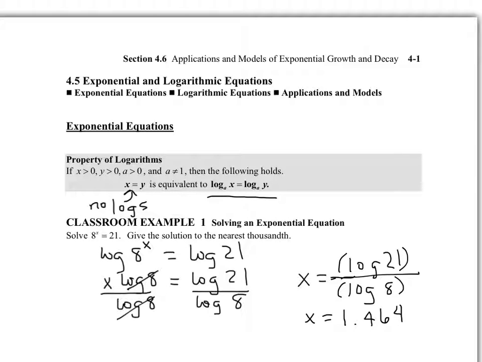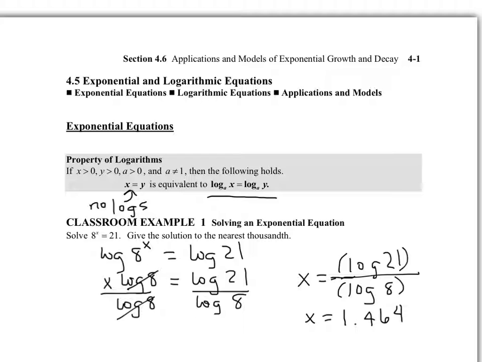Now, we need to go back and make sure this seems reasonable. If we look at the original equation, 8 raised to what power would give us 21? Well, I know 8 to the first power is just 8, but if I put in 2 for x, 8 squared is 64.